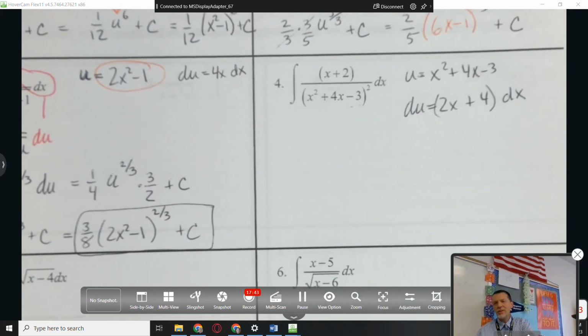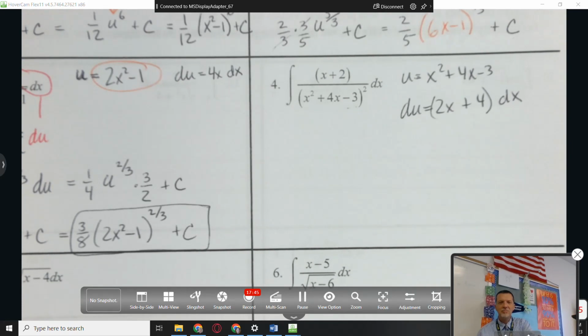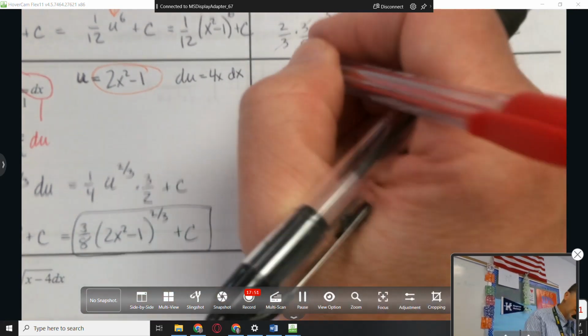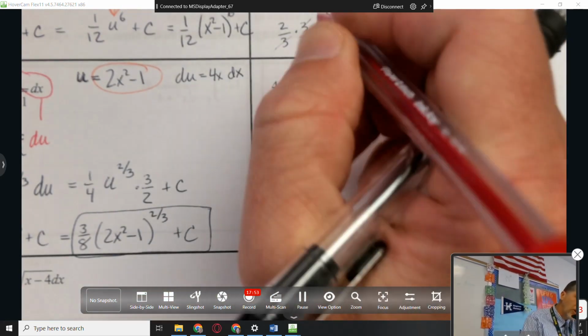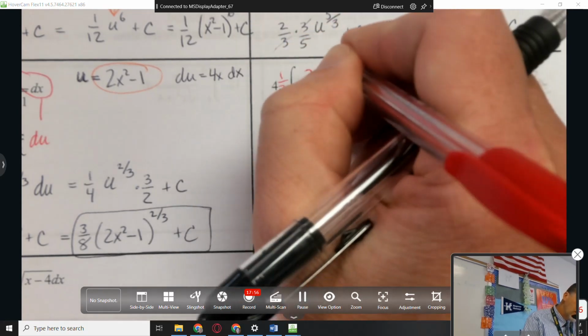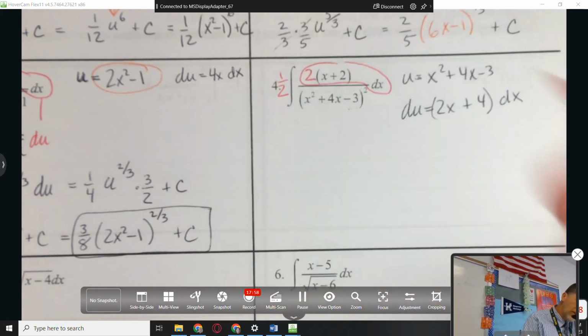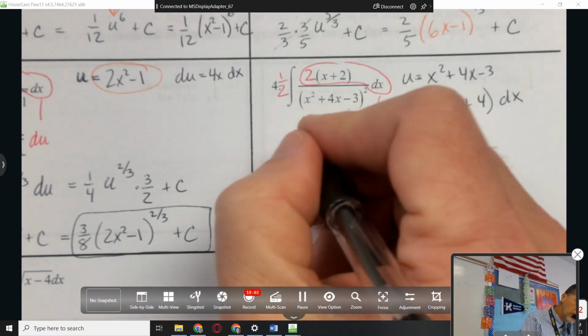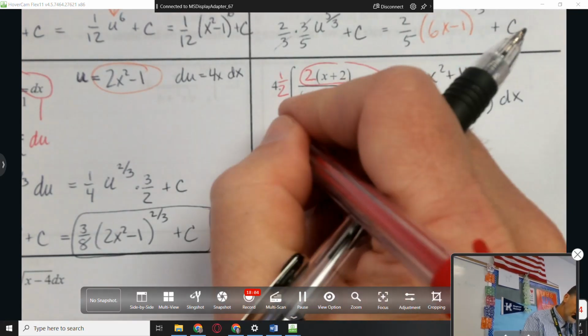Good news or bad news there? Good news. Because I don't have 2x plus 4, but I can fix it. I can put a 2 on there, and that would turn it into 2x plus 4. And then all of that together is du. Still have a 1/2 out front.